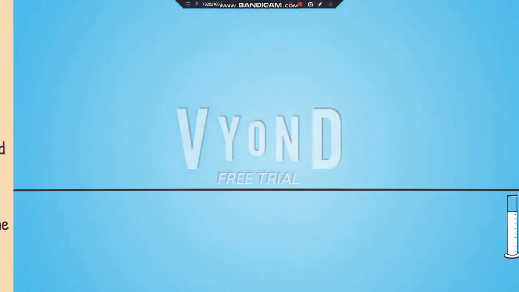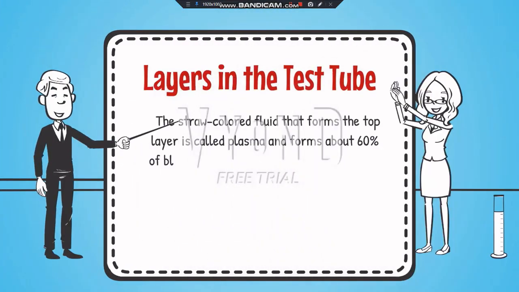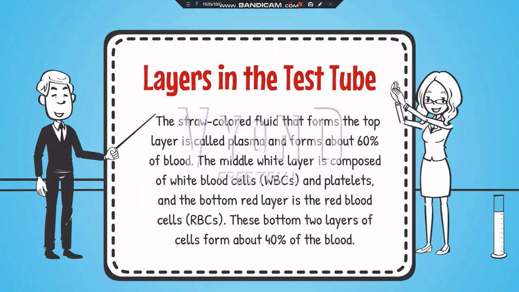The straw-colored fluid that forms the top layer is called plasma and forms about 60% of blood. The middle white layer is composed of white blood cells, WBCs, and platelets, and the bottom red layer is the red blood cells, RBCs. These bottom 2 layers of cells form about 40% of the blood.